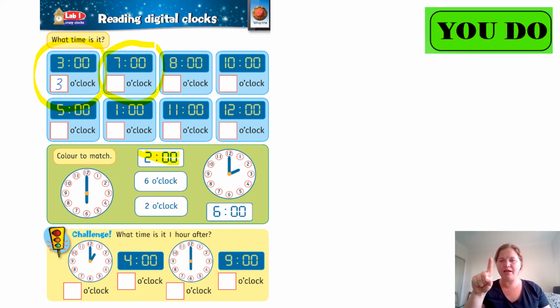If the minute hand goes all the way around the clock and comes back to the start, what time would it be? I'd like you to challenge yourself with the rest there, 4 o'clock, 6 o'clock and 9 o'clock. Let's see who knows how to tell the time in 1 hour's time. Have fun!